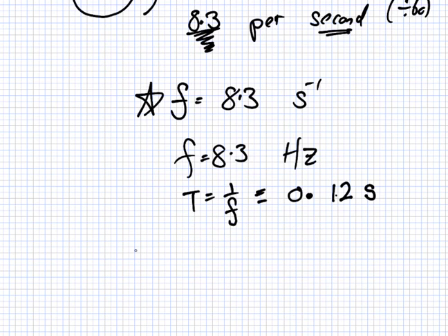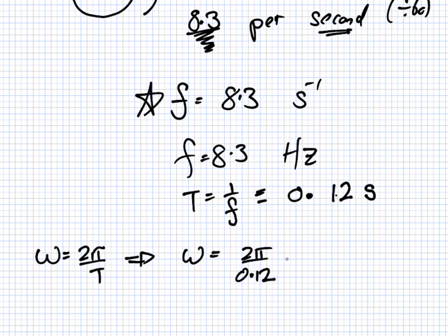And then finally we can use omega equals 2 pi over T. So then you have omega equals 2 pi over 0.12. 2 times 3.1415 over 0.12.